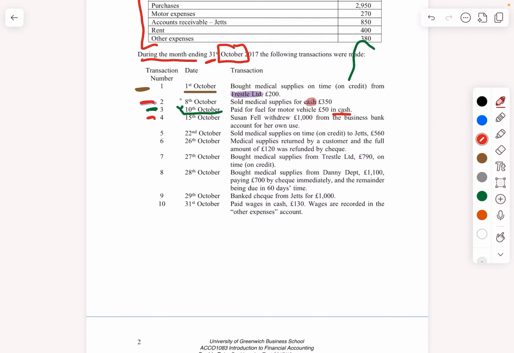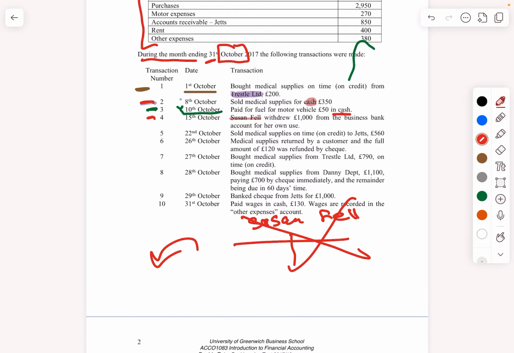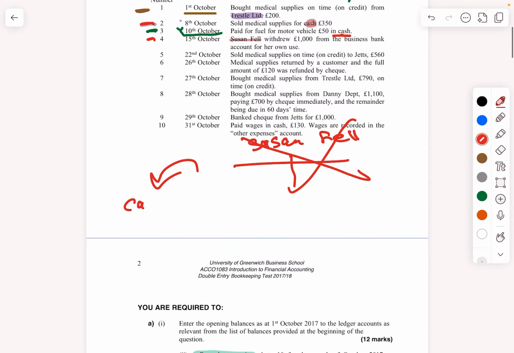A lot of people are going to make a mistake in this one, and they're going to open an account called Susan Fell. No. Why? Because she is the owner. If she puts money in the account, that's called capital. And if she took money out of the account, that's called drawing. Why is that? Because she is the owner of the company.